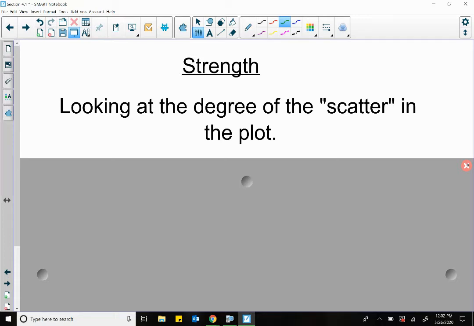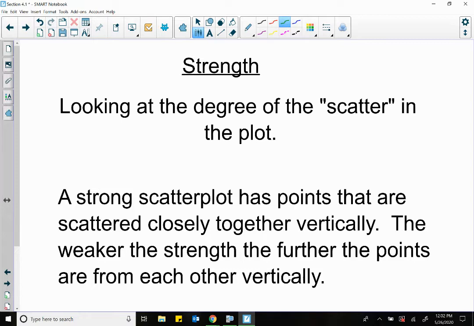And what I mean by that is, when your strength is strong in a scatter plot, it has points that are scattered closely together vertically, okay? I'll show you what I mean by this in just a second. The weaker the strength, the further the points are from each other vertically.